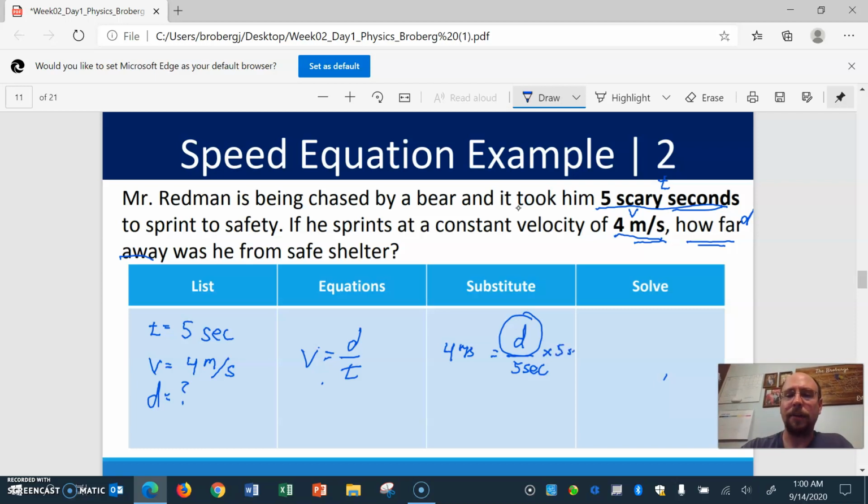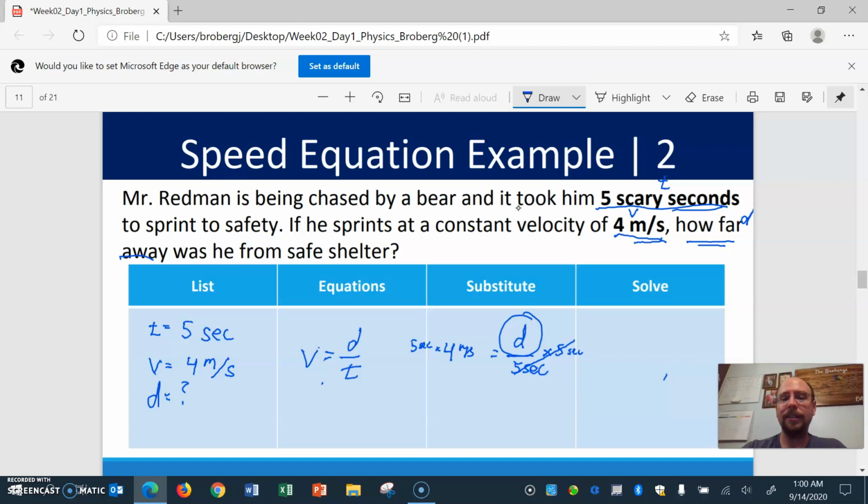I'm going to multiply by 5 seconds and multiply by 5 seconds. When I do that, these 5 seconds go away, and I'm left with just D on this side.